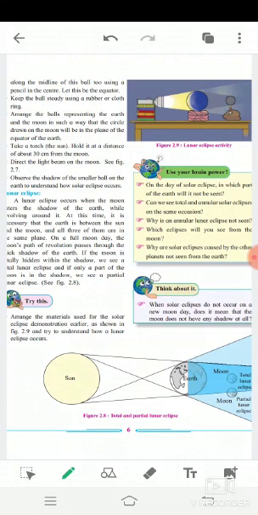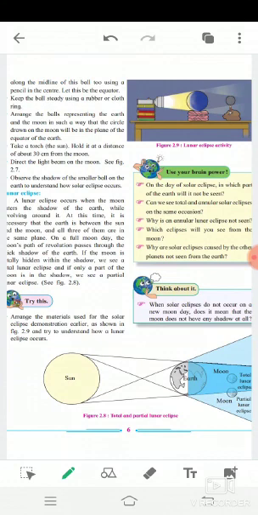On a full moon day, sometimes the moon is totally hidden, completely hidden, within the thick shadow of the earth. This condition is known as a total lunar eclipse. On a full moon day, sometimes only a part of the moon is hidden within the thick shadow of the earth. This condition is known as a partial lunar eclipse.